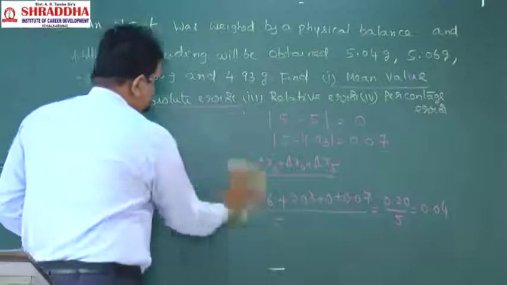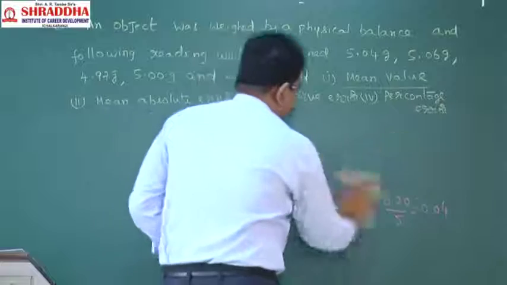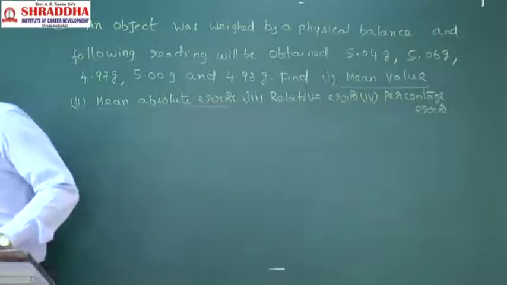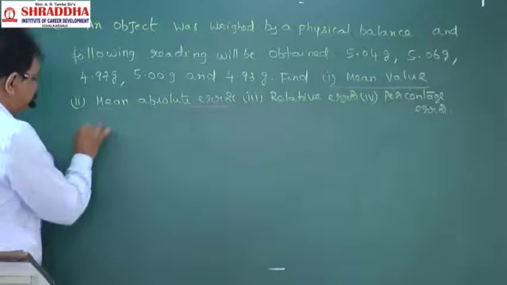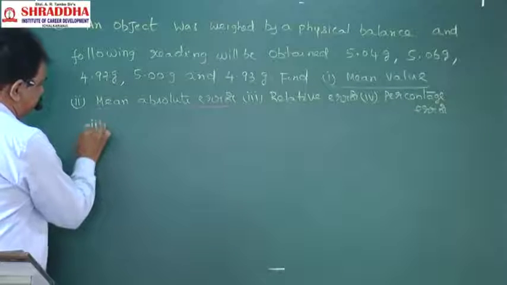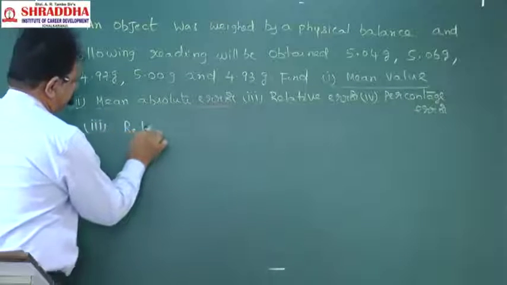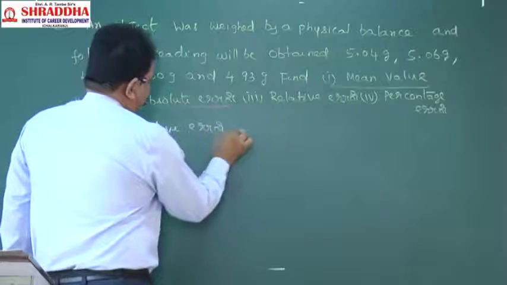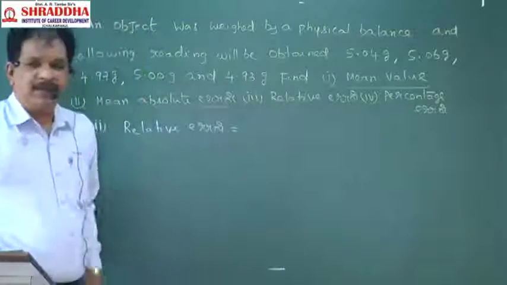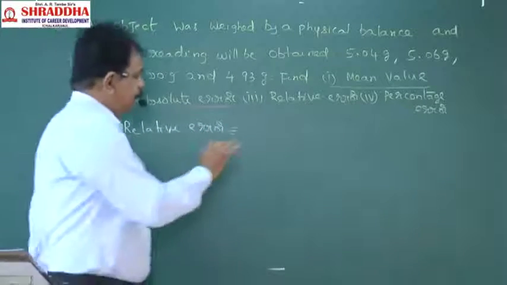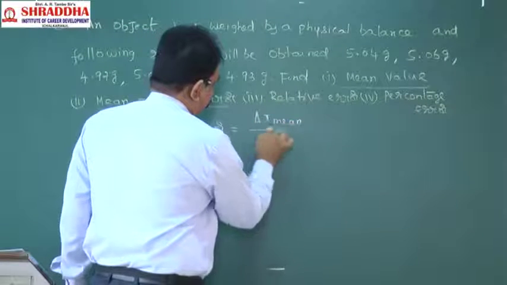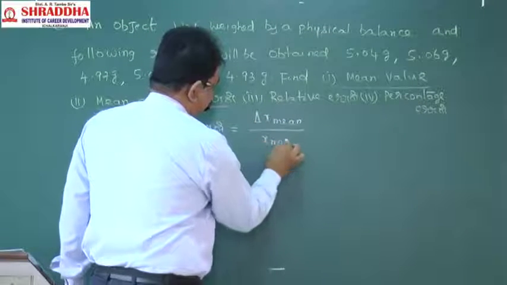Next, the third one. What is relative error? Relative error means delta x mean by x mean.